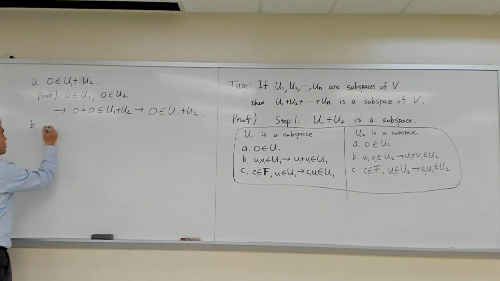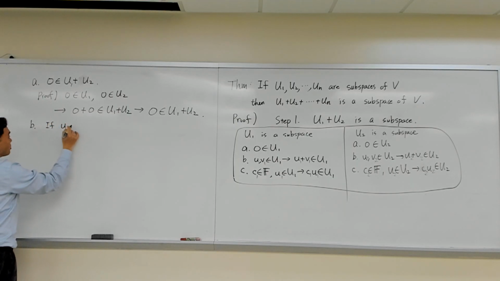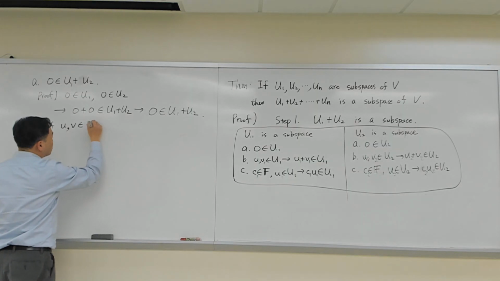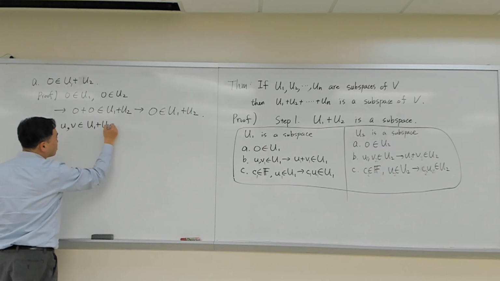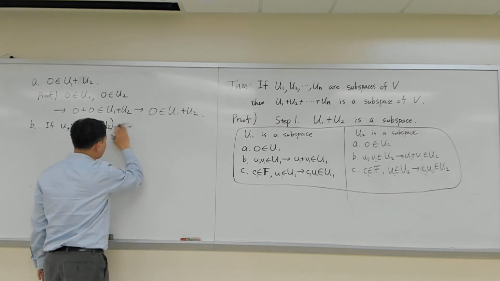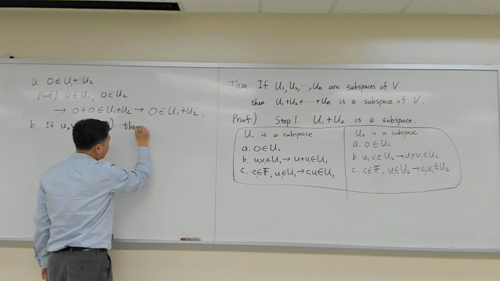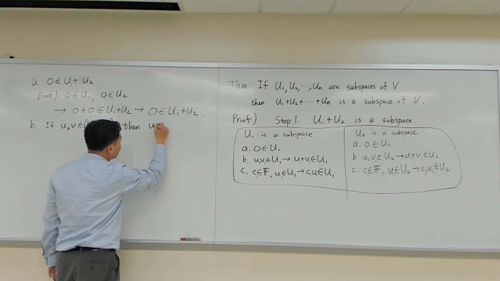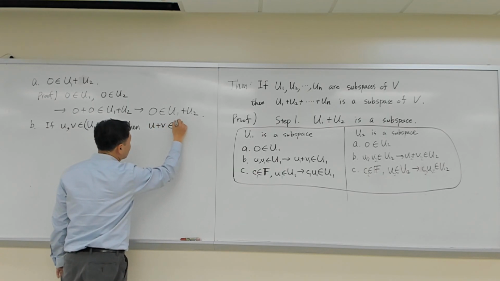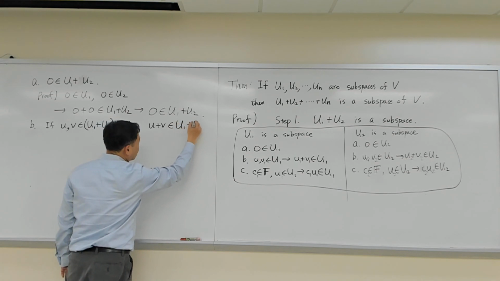Next, what do I have to do? I have to say that if U, V are in U1 plus U2, then U plus V has to be in U1 plus U2.